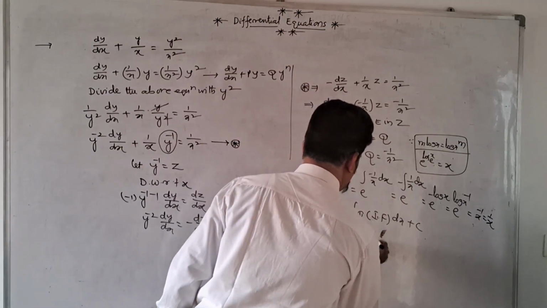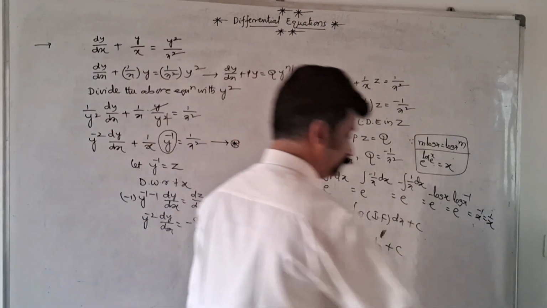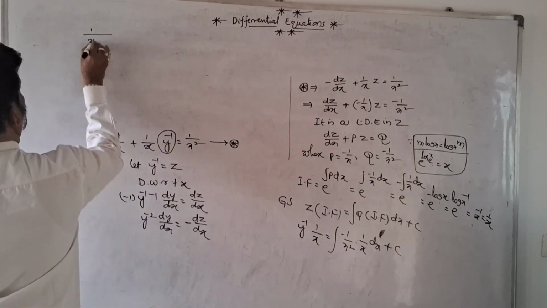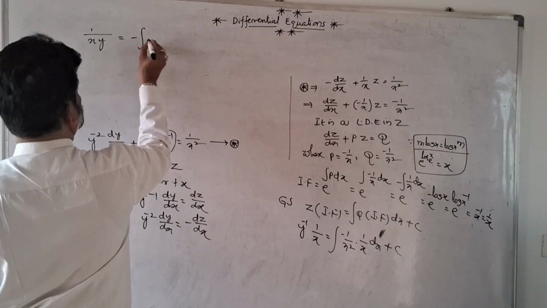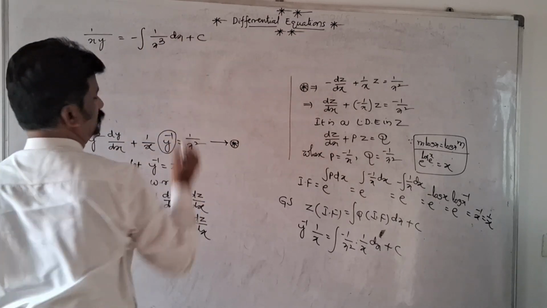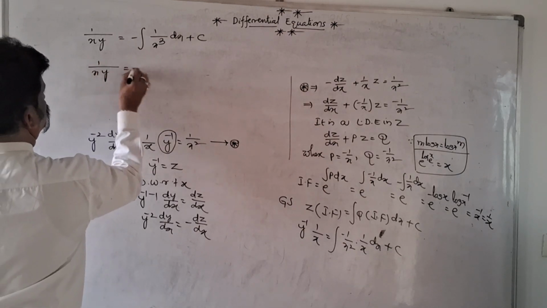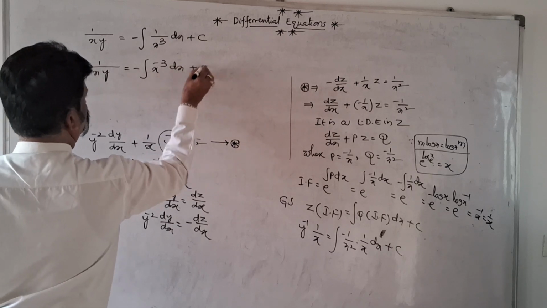So 1/(xy) = -∫(1/x³) dx + c, which is 1/(xy) = -∫x^(-3) dx + c.